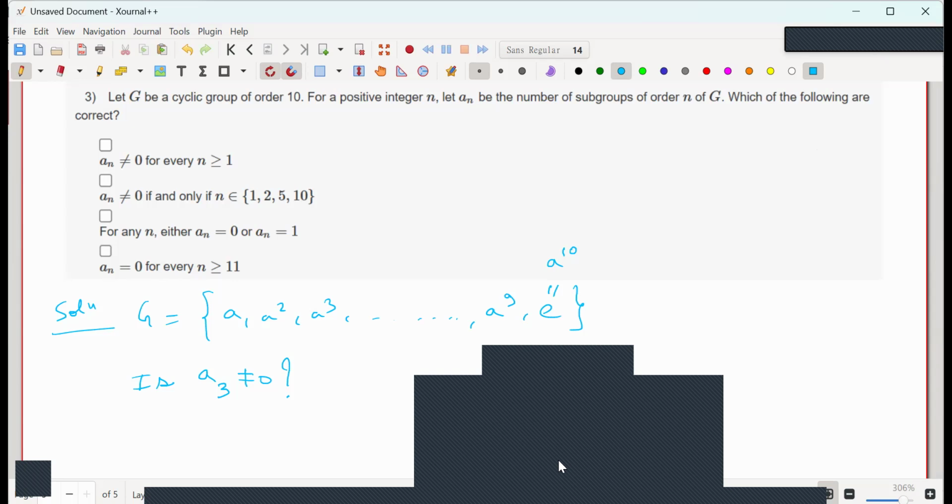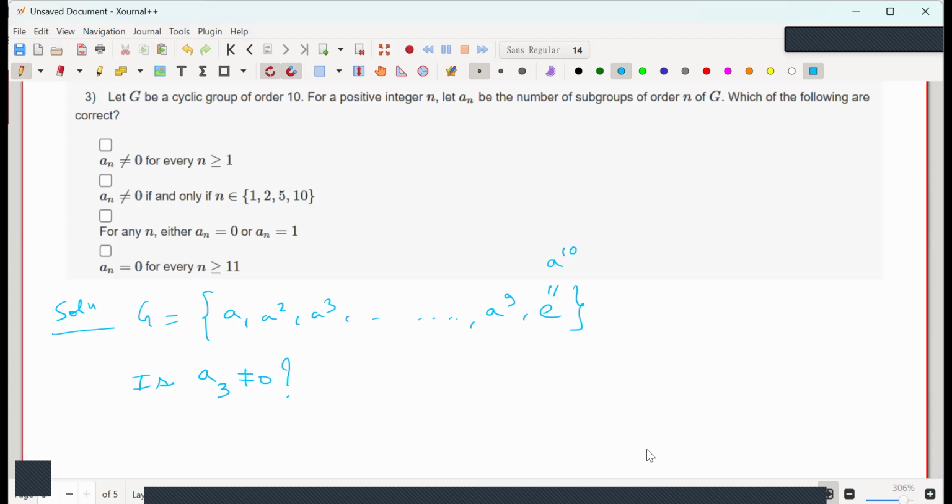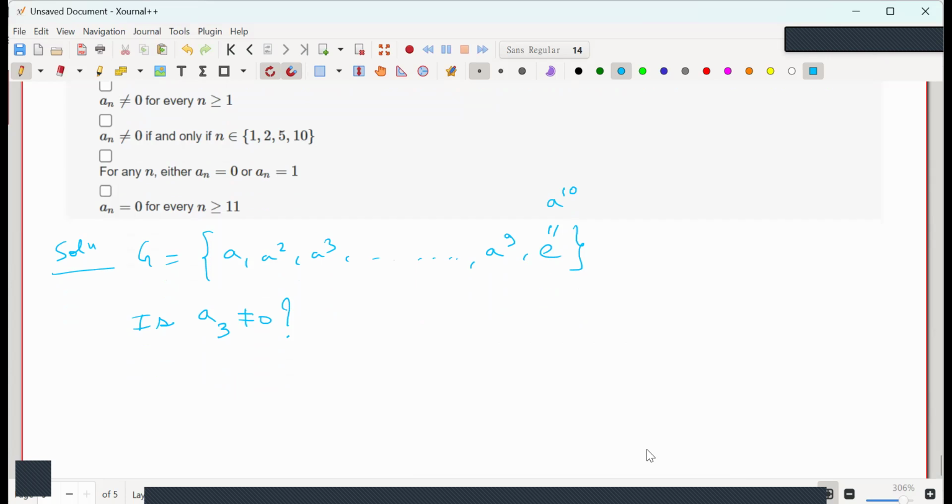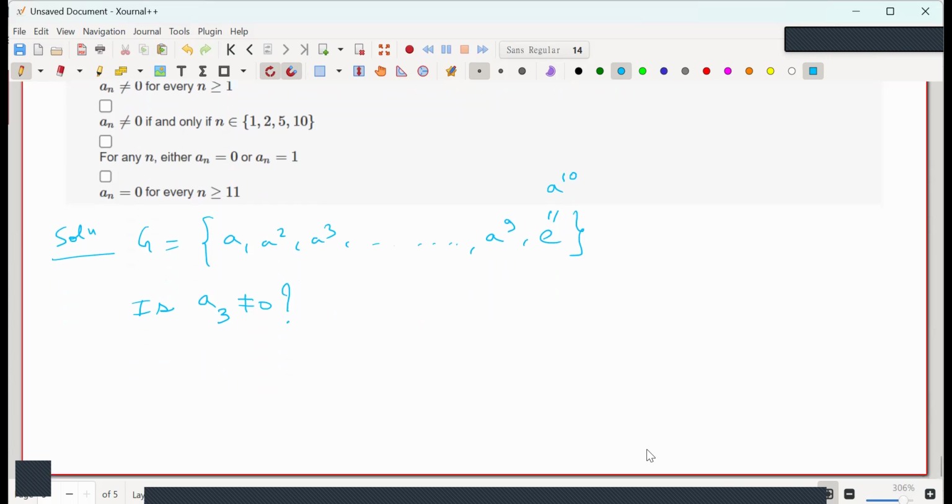Okay, so Pragnya, why is it so? It's just the intuition that since this is cyclic, I know that A is a generator and A power 10 will give me E. And then I could take A square.